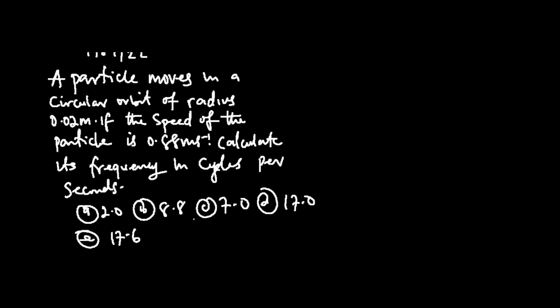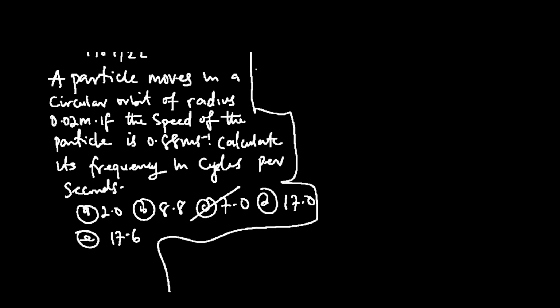So the correct answer is going to be 7.0. Does everybody understand how we get that? No, sir. Okay, I hope it's not as if you are not trying at all. It's always try and attempt.